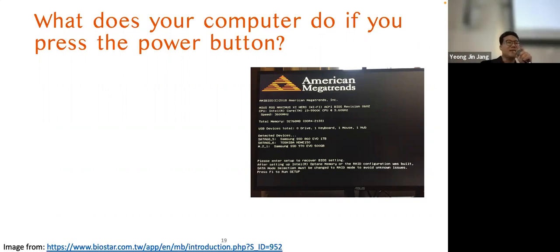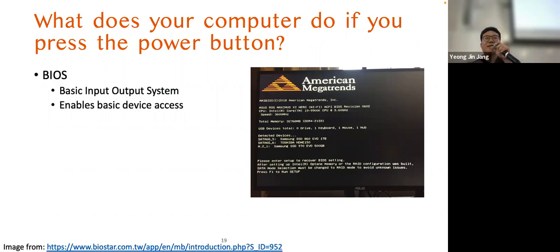So we can connect any kind of devices, and the computer doesn't know what kind of devices are there. So what they need to do is run the BIOS, which stands for Basic Input Output System. It checks what kind of devices are available in the system and configures them before booting the system.